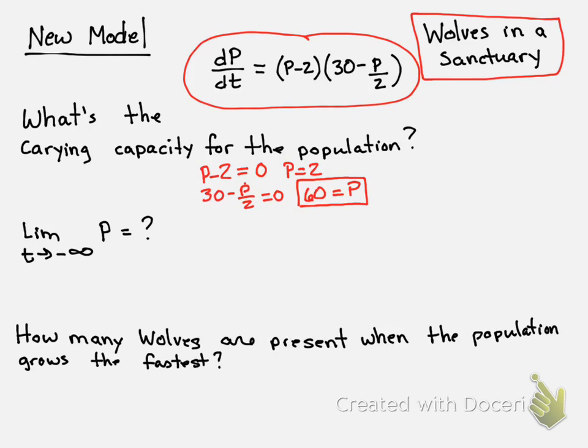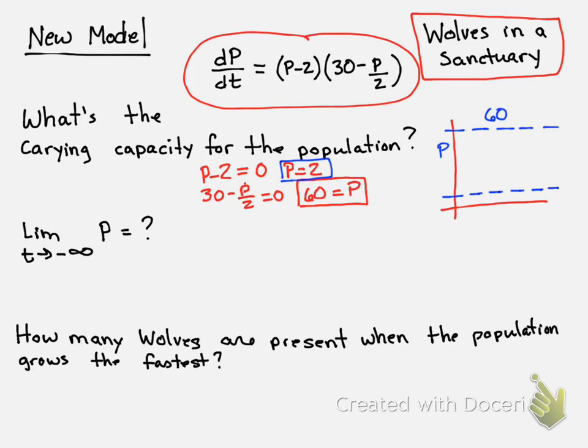A little sketch would suggest that we're going to have 0 slope up here at a population of 60. Interestingly, though, in this case, our minimum population looks like it's going to be 2. And so maybe there would be a breeding pair, and we would make sure that there was never any less than 2 in the population by making sure that that alpha male and alpha female were healthy.